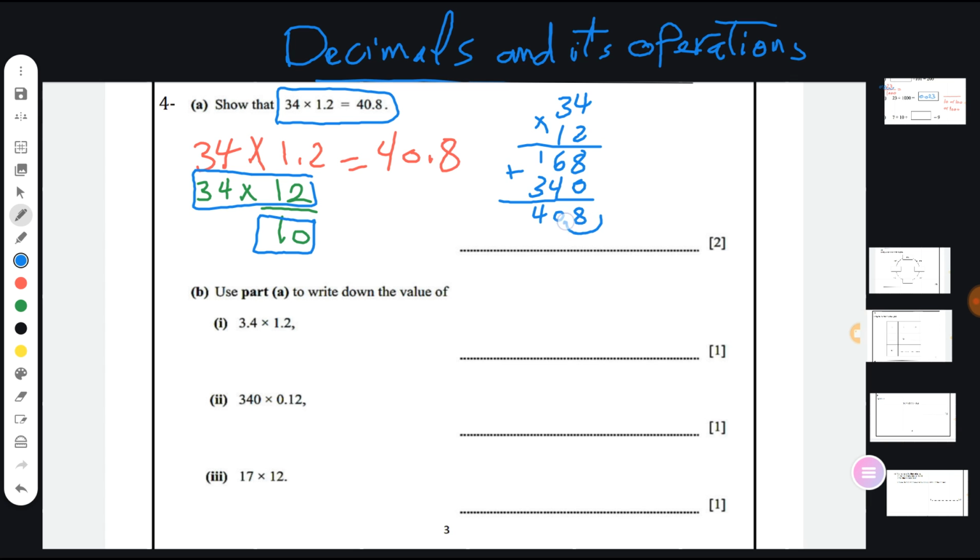So we will move the point one place, so the answer will be 40.8, which is exactly as the fact. He needs to see your working out in this question, okay? As I told you, we are in paper 1. It's not allowed to use a calculator, okay? Second question: from the fact of number A, write down the values for these ones.